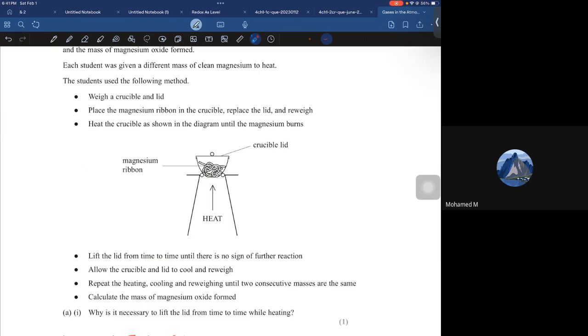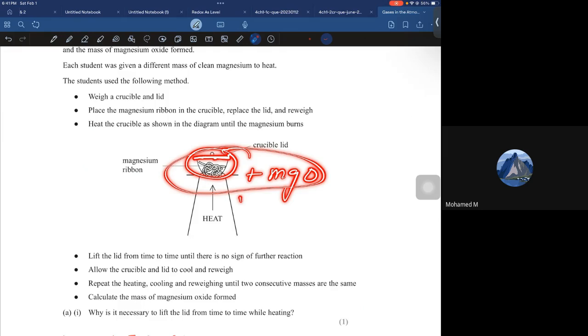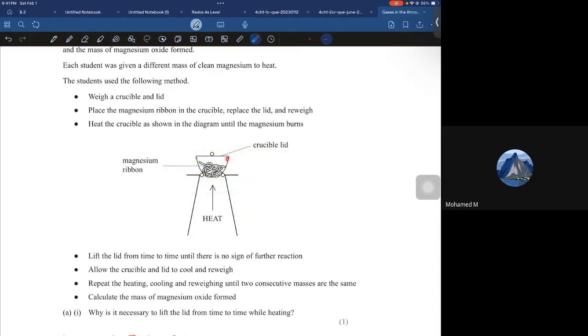So what you have to do, first take your initial reading in which there would be the crucible, the lid, and the magnesium. Then burn it, and then take your final reading. But now you have to subtract the mass of this crucible and this lid to have the mass of this oxide.